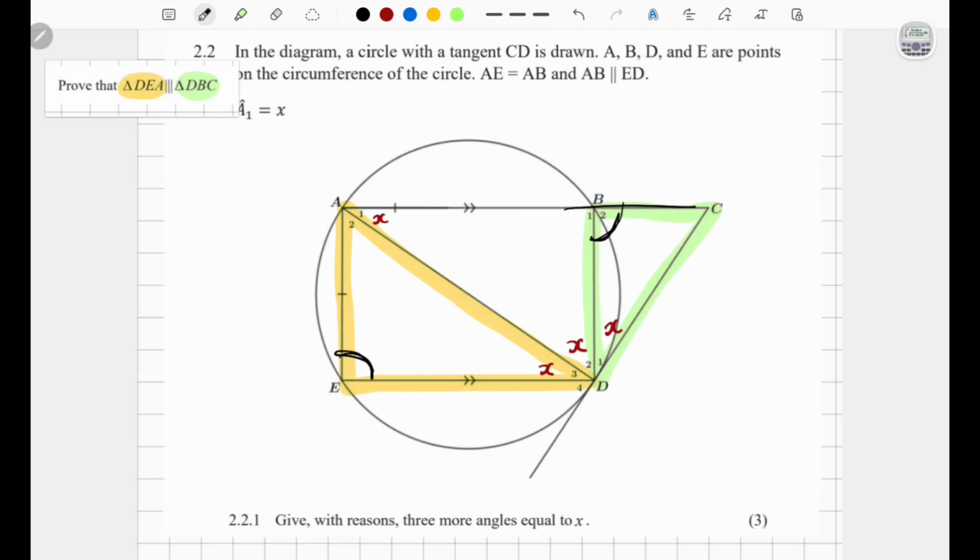Now we just have to state everything that we have. Because these two are equal, by default it means that this angle must be equal to that angle because it's the third angle in the triangle. A triangle can only add up to 180 degrees, so these two would by default be equal.